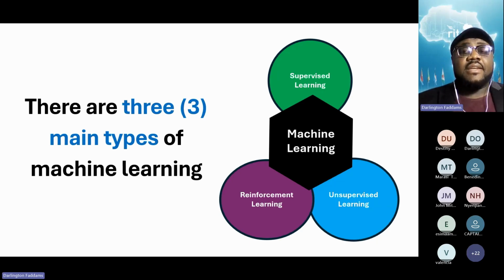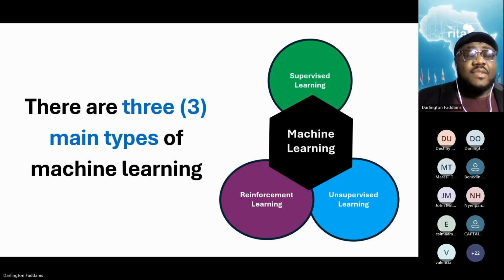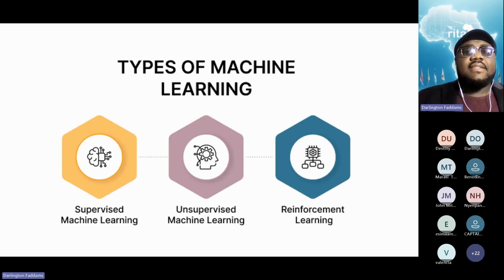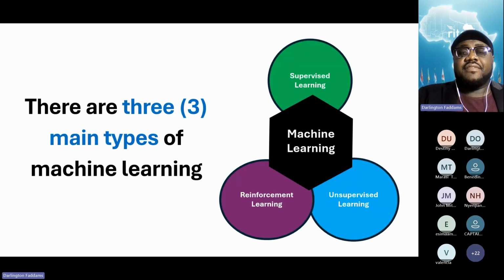So the machine learning we've been hearing about, there are three types. The AI that learns from data, there are three types of them. And these three types here are supervised learning, unsupervised, and reinforcement learning.